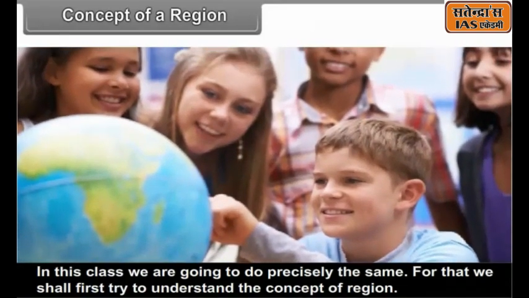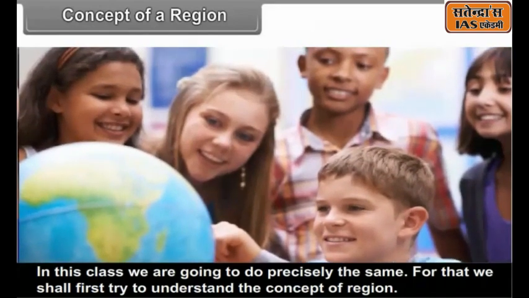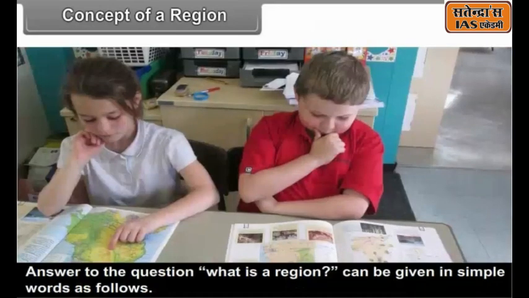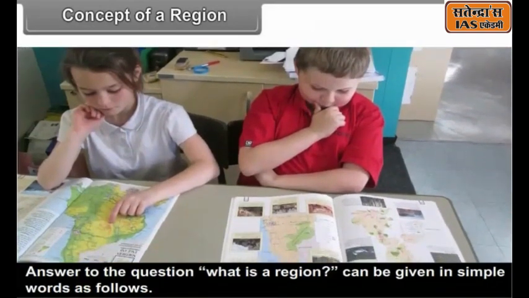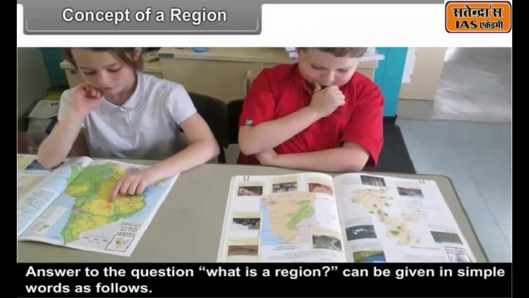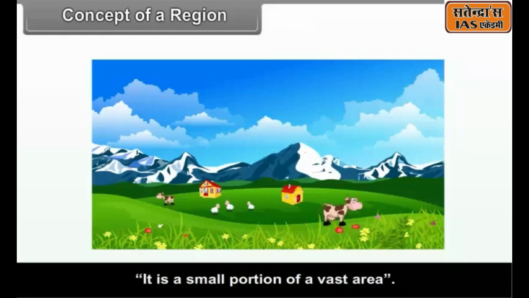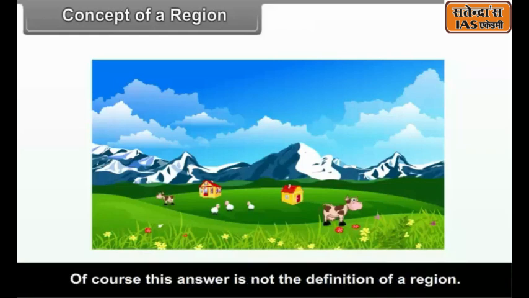For that, we shall first try to understand the concept of region. The answer to the question, what is a region, can be given in simple words as follows. It is a small portion of a vast area. Of course, this answer is not the definition of a region.